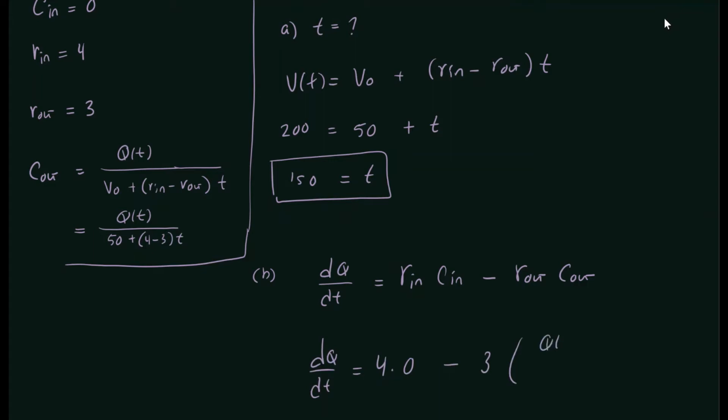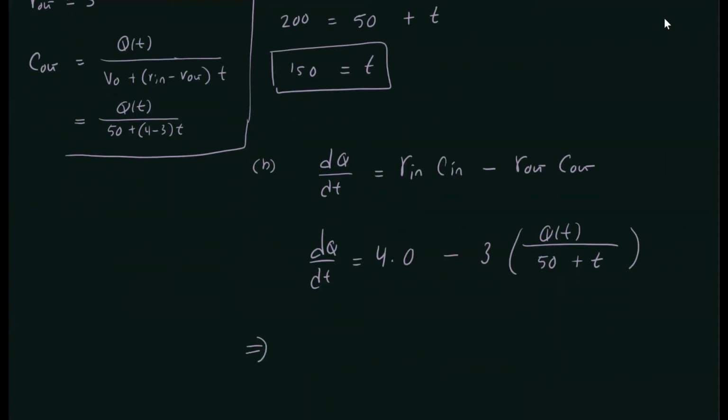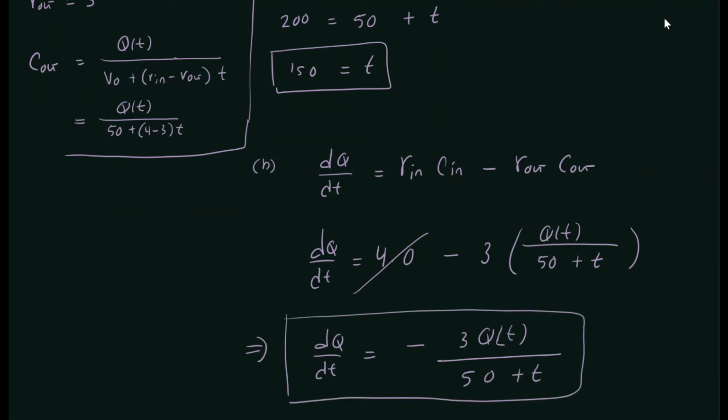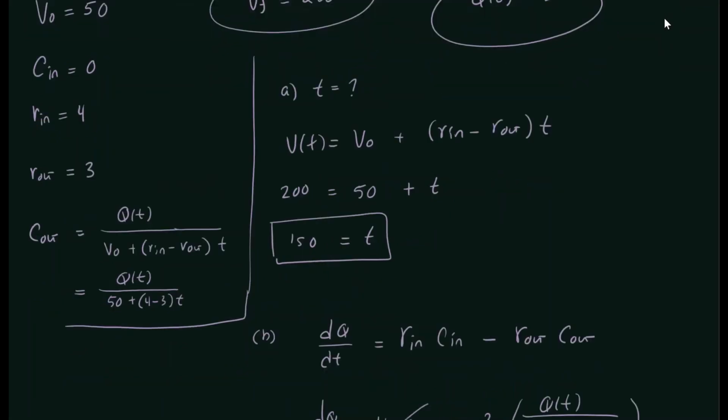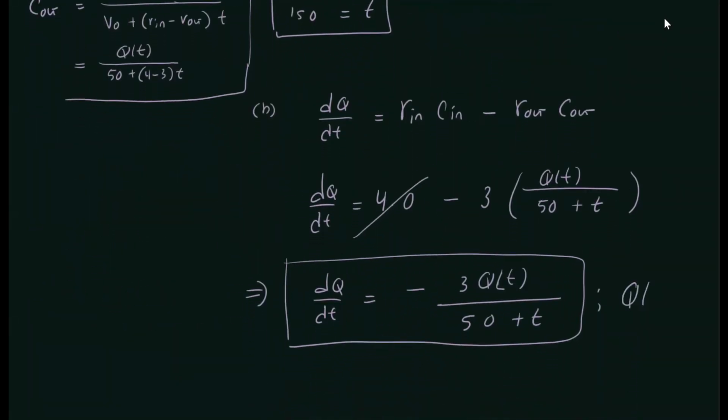Concentration out is Q of T over 50 plus T. And that will just simplify to dQ/dt equals, so this will go to 0 of course, minus 3 Q of T over 50 plus T. And you can solve this using integrating factor, or you can use the separation of variables. And the initial condition we have for this problem is Q of 0 is 5. So that will be the setup.